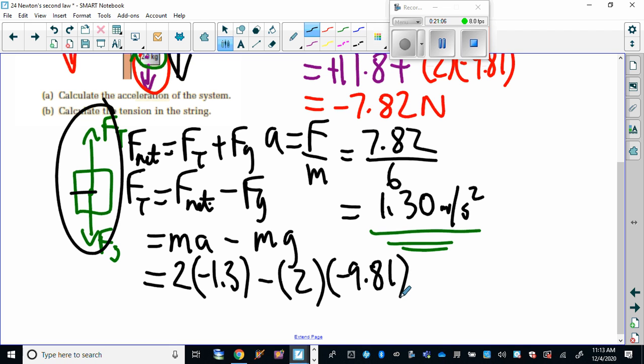The mass is accelerating down. Gravity is pulling it down. So they both have to be negative. So you can see how this can get very confusing with the negatives. Times -1.3 equals -2 times -9.81, and the answer is 17 newtons.